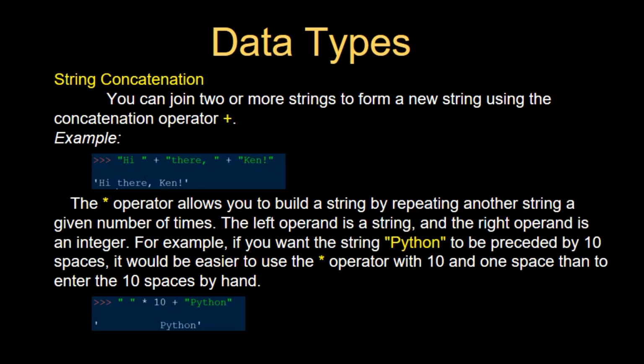For example, if you want the string Python to be preceded by 10 spaces, you don't need to enter 10 spaces by hand, but instead you can enclose the space in quotation, multiplied by 10, then the operator plus, and then Python. So in this case, yung output niya is ito. So this is now the equivalent of 10 spaces and then the string Python.